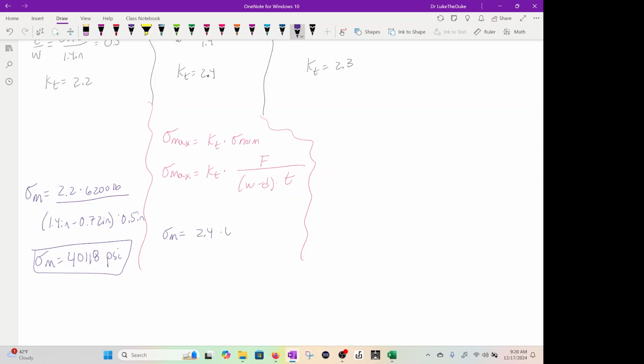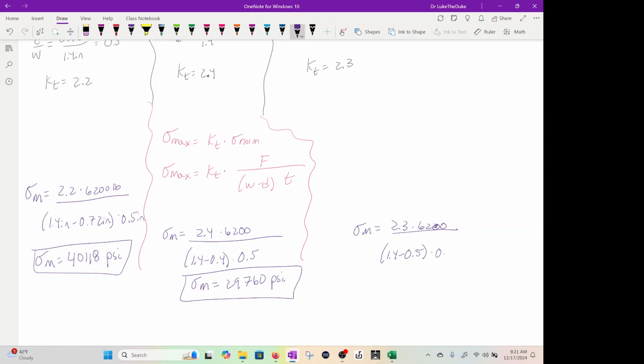I'm going to skip the units just for time, but I want you to make sure you put yours in. Times 0.5, so sigma m for this case, 2970 psi. And the last case, sigma m, 2.3 times 6,200 divided by 1.4 minus 0.5 times 0.5, and you get 31689 psi. So that's how you use the chart.